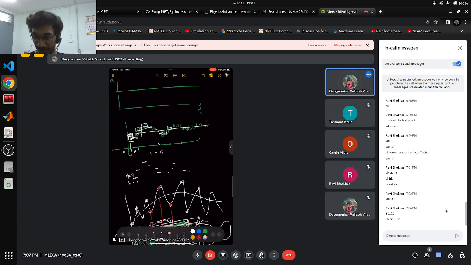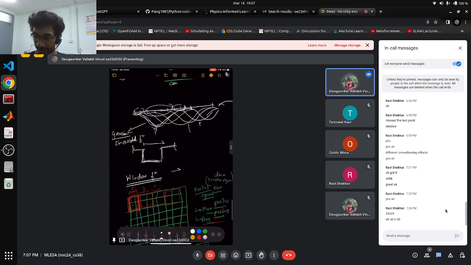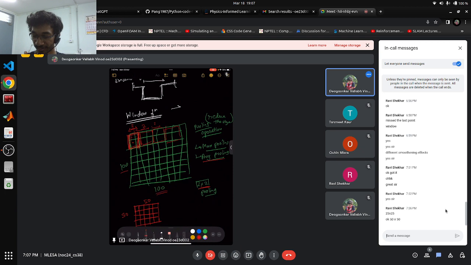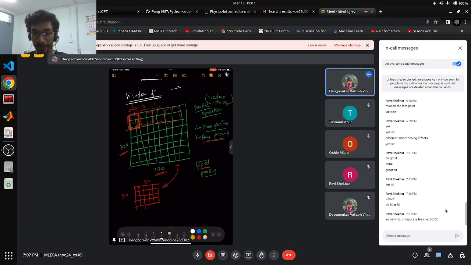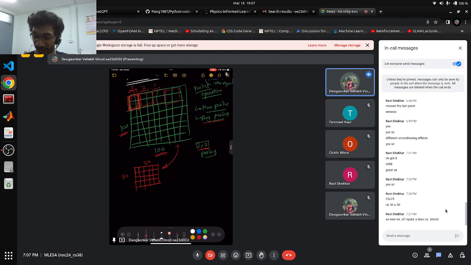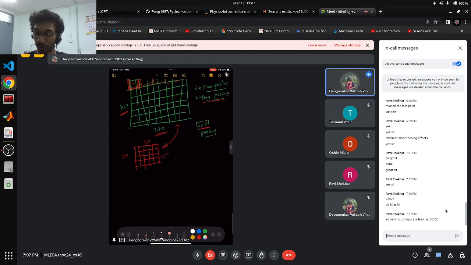You got this green thing, which was a sort of smoothened effect of this input image. Then I took this pooling operation, and here is where I made the input size smaller. So the new number of inputs is less. Yes, exactly. And I keep on doing this procedure. So on this 50 by 50, I will again do a convolution operation.